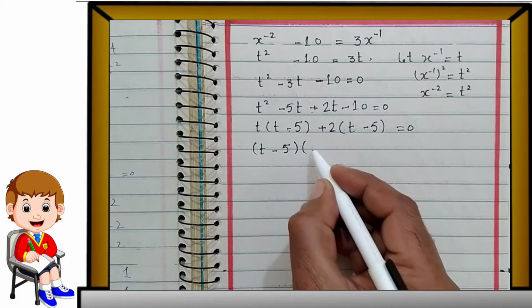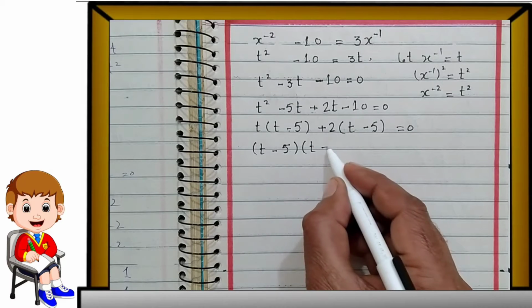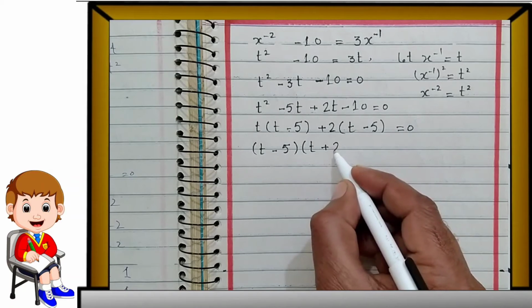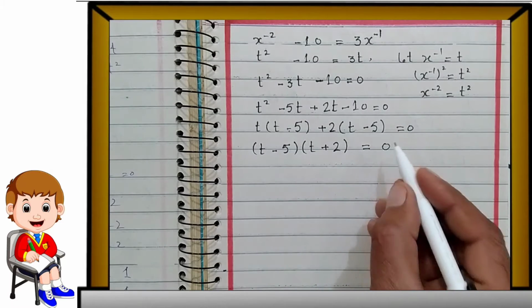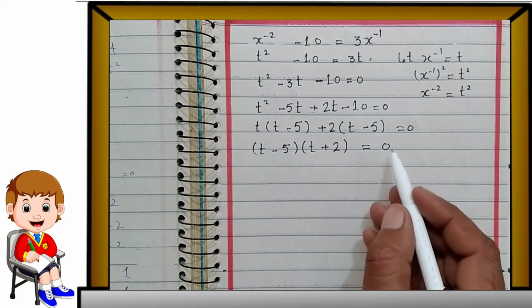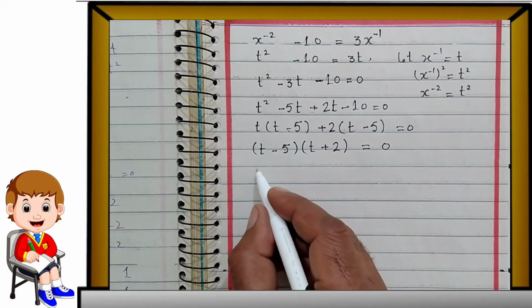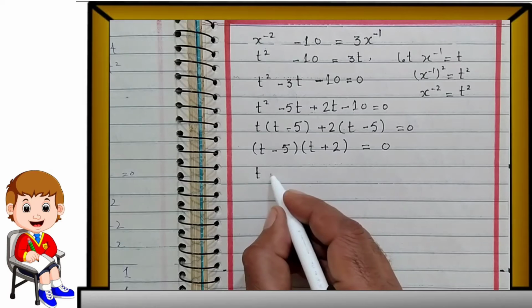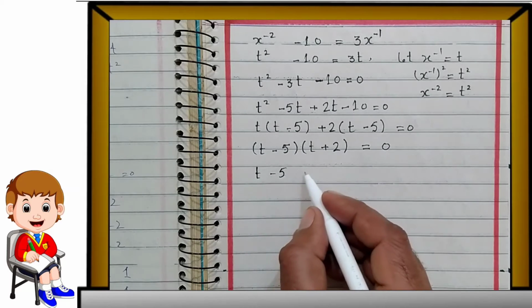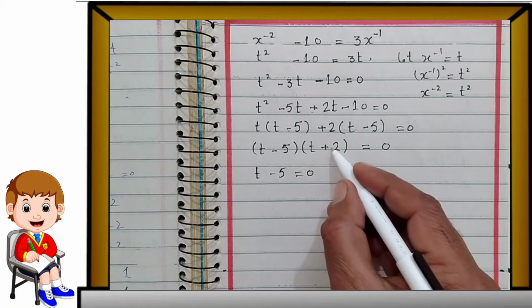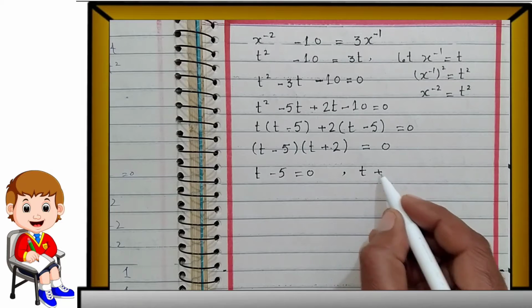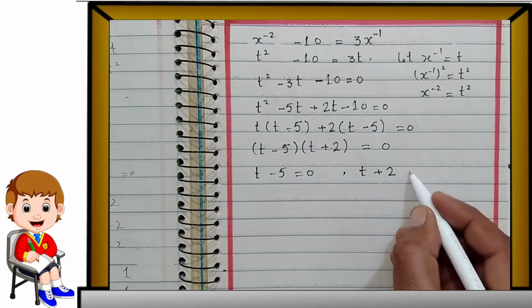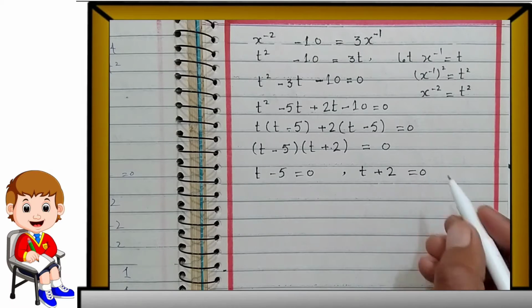t plus 2 is equal to 0. Now we put these factors both equal to 0. Here t minus 5 is equal to 0 and t plus 2 is also equal to 0.